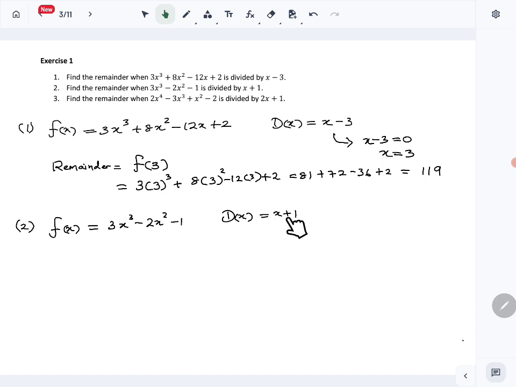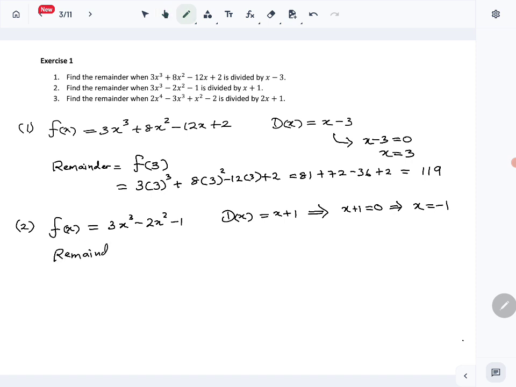So if the divisor is linear like this, we can use the remainder theorem to find the remainder. So what should you do? Equate the divisor to 0 and solve for x. So x equals minus 1. So then the remainder is going to be f of minus 1. Put this inside the function. f of minus 1 is the remainder. So let's find that.